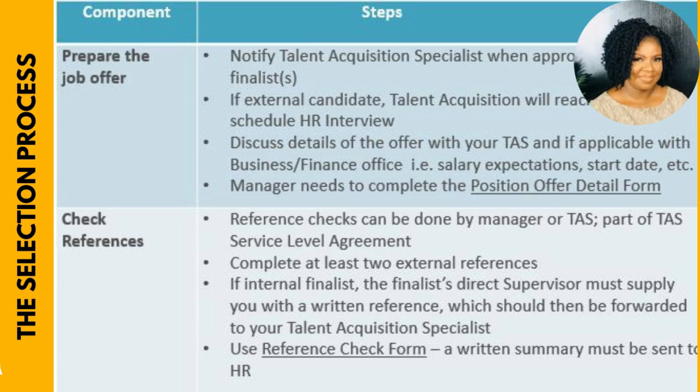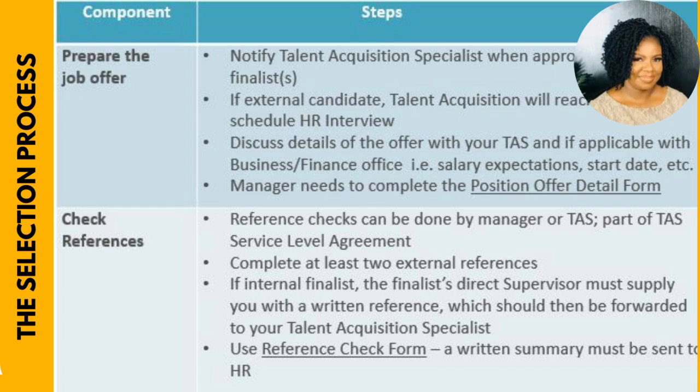Now, the selection process. What should your selection process look like? Prepare the job offer. We have picked up the individual, we have seen the best fit. Now, how do I proceed from here? Prepare the job offer. Notify the talent acquisition team if you are not part of them. All right.